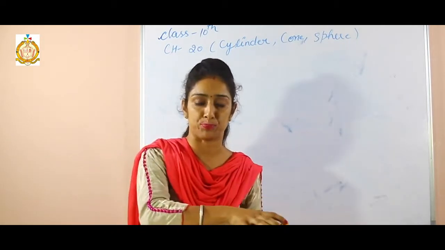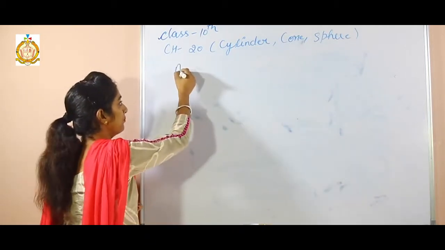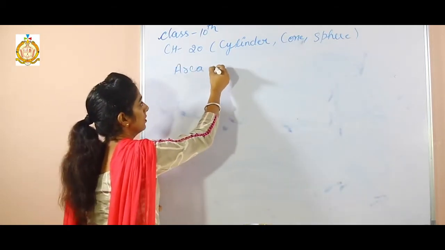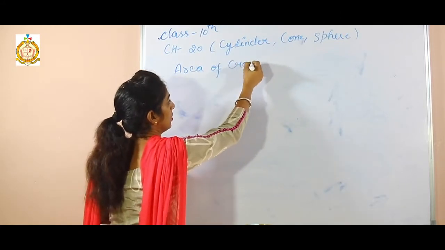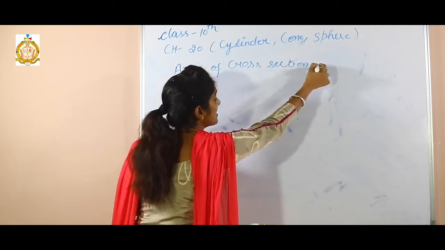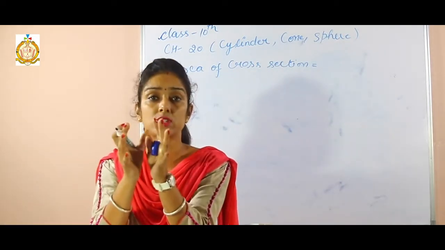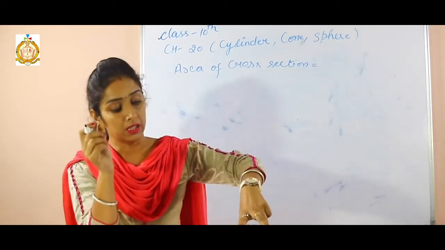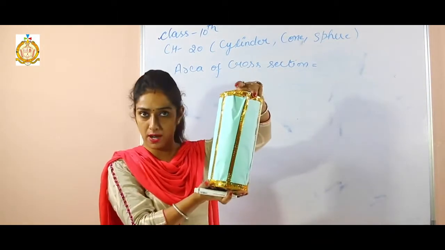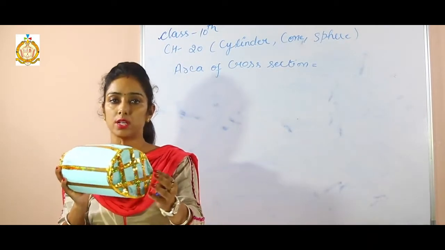is a flat shape. Now students, first of all you should know about the area of cross section. Now what is a cross section? Cross section is a circle. See, in this cylinder, this part is in circular shape and this part is also in a circular shape.